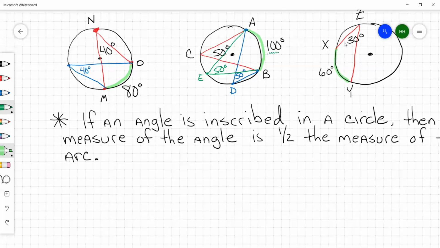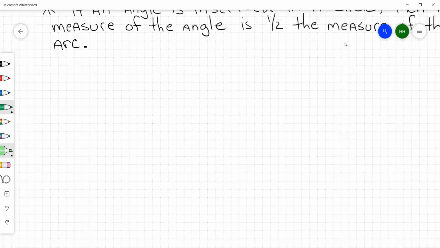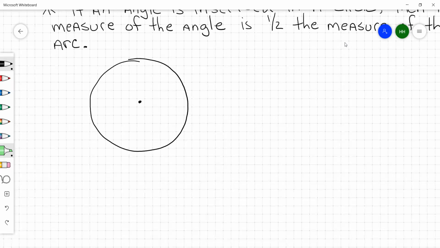So let's apply that with a little bit of algebra connected to it. So let's take this picture.